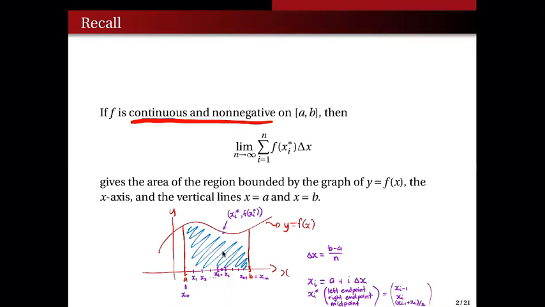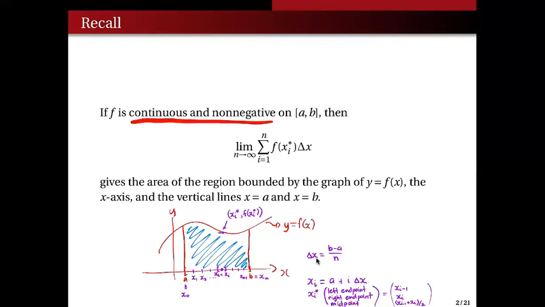So we evaluate the sample point on the function, and then we choose f of x sub i star to be the height of a rectangle with width equal to the difference x sub i minus x sub i minus 1, which is just delta x.